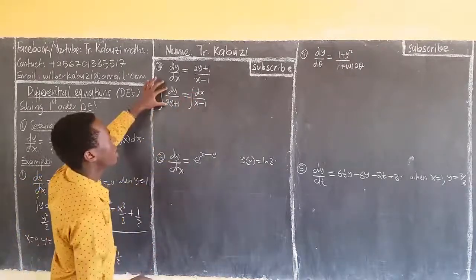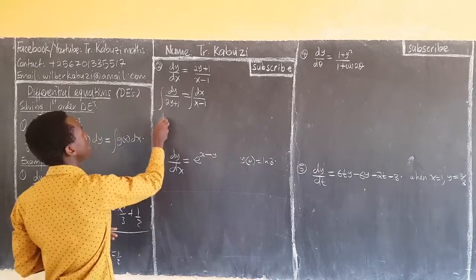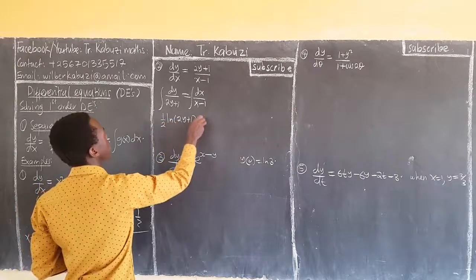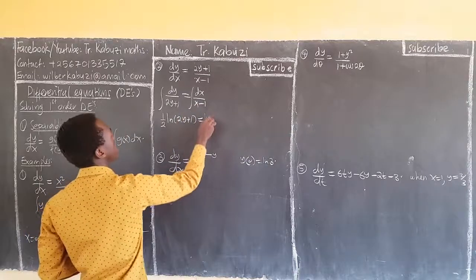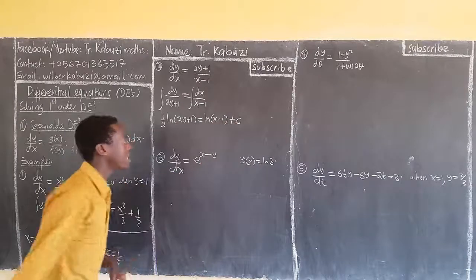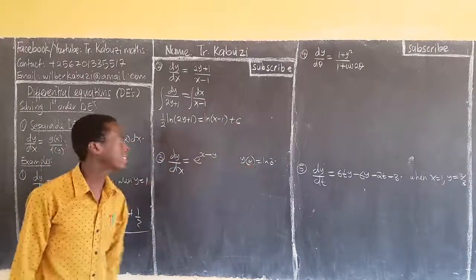We saw how to integrate this. We said that if I get 1, I need 2, so that I get this reciprocal, then natural log of that function. That's how we integrate this. So this will be natural log of x minus 1, then plus a constant. Now this one is what we call the general solution because of this arbitrary constant.